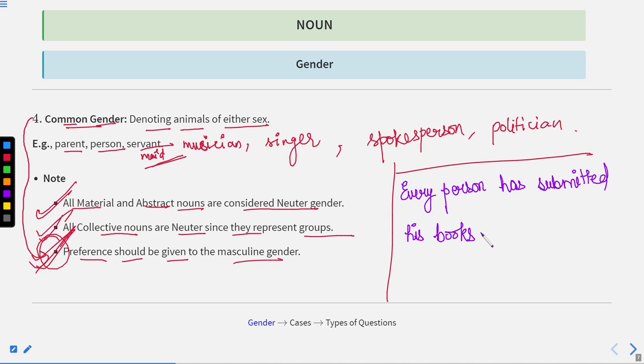Now obviously, every person is singular because of the word every, and it is also common gender. In has submitted his books, I have used the word his.